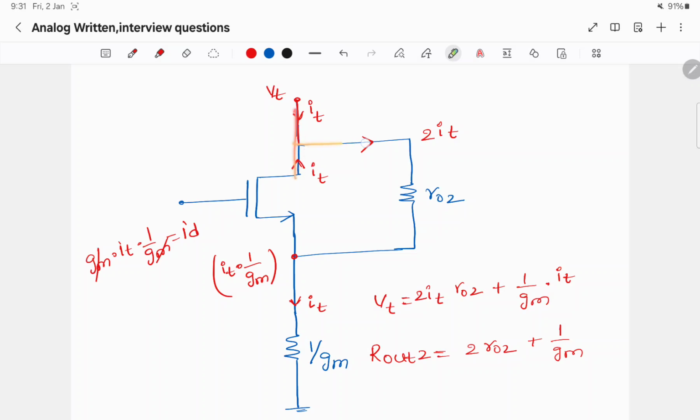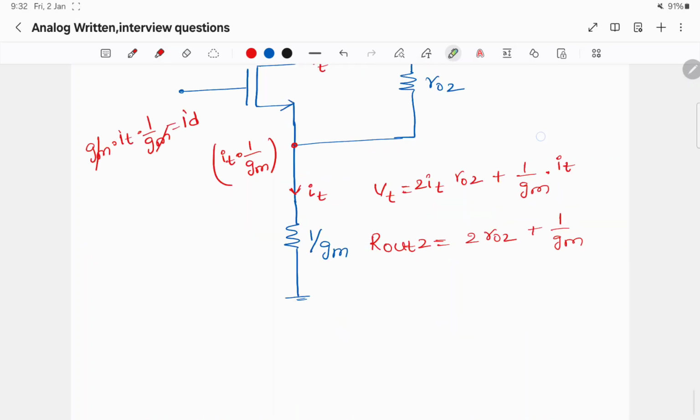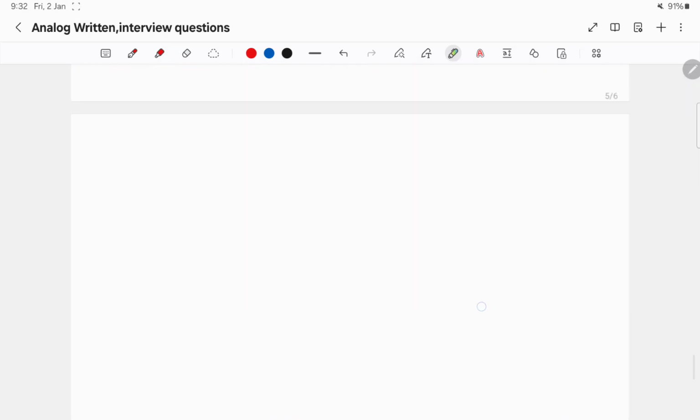These two currents will combine and will flow through RO2 resistor. 2IT current will flow through RO2 resistor. This will make this resistor look like a resistance of 2RO2, and IT current is flowing here, so 1 by GM resistor for this resistor. So 2RO2 plus 1 by GM is the answer for the second part.